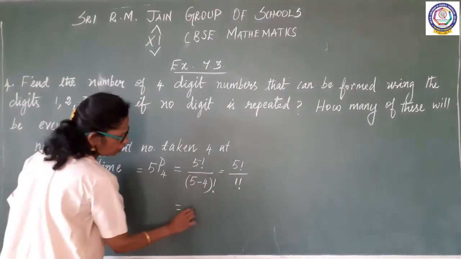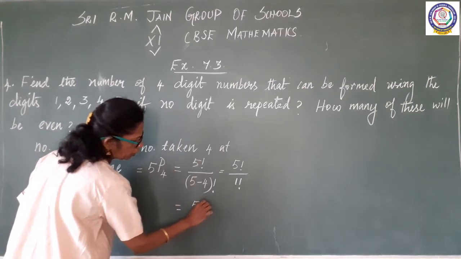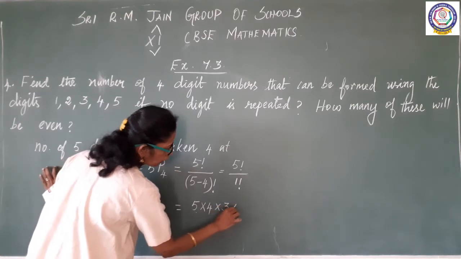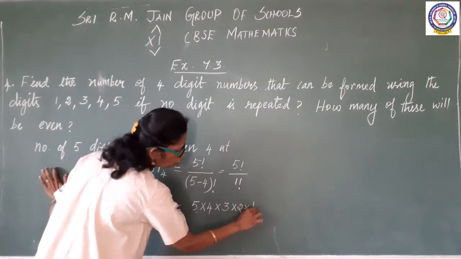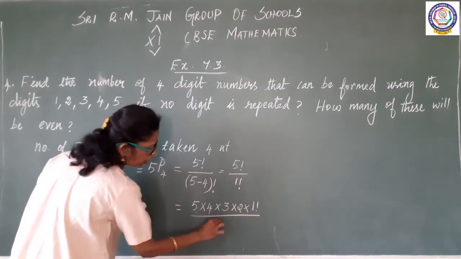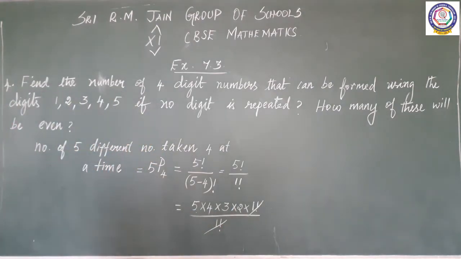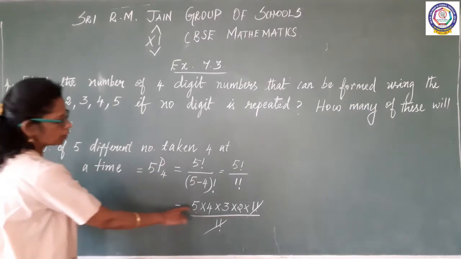Now 5 factorial can be written in the reverse order: 5, 4, 3, 2 into 1 factorial, divided by 1 factorial. So 1 factorial, 1 factorial cancel. Then what is the answer?